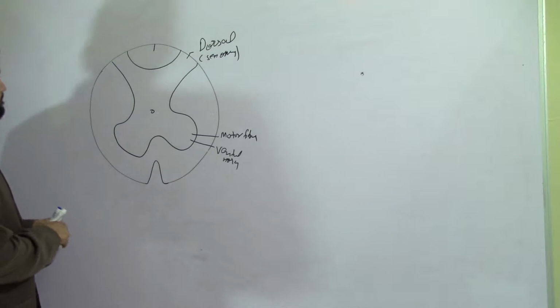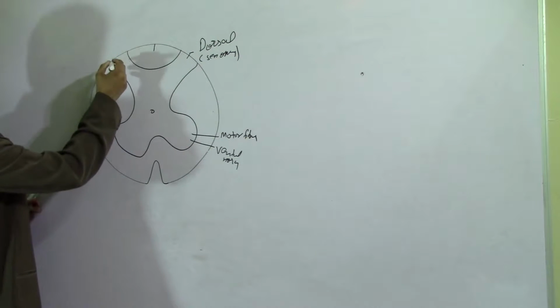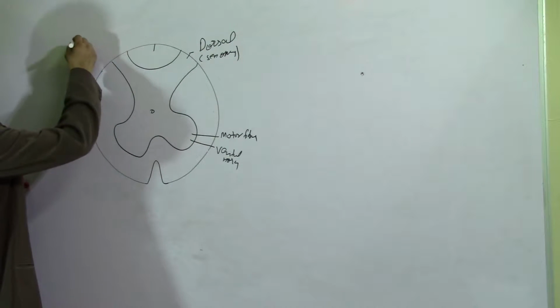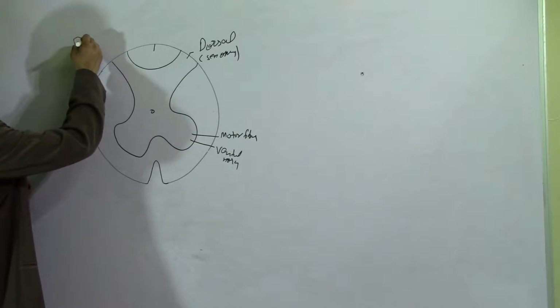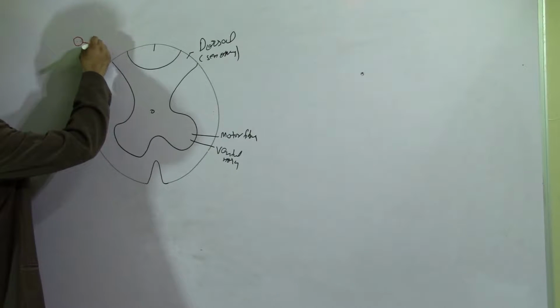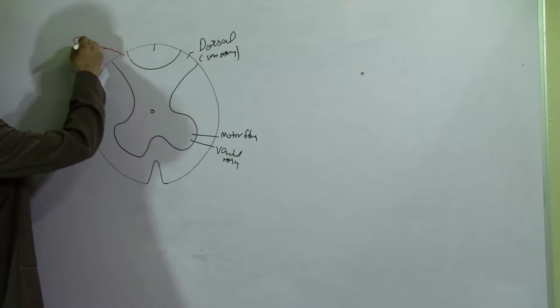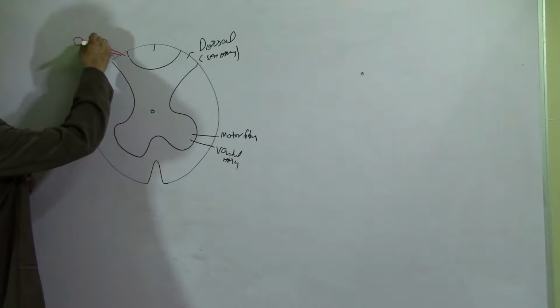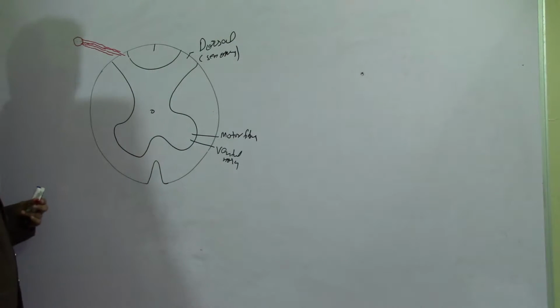In this sensory route, fibers from the dorsal root ganglion are carried by sensory axons of the central process of the dorsal root ganglion.